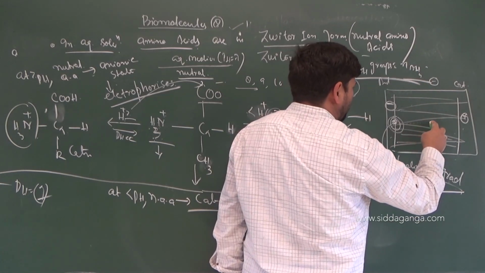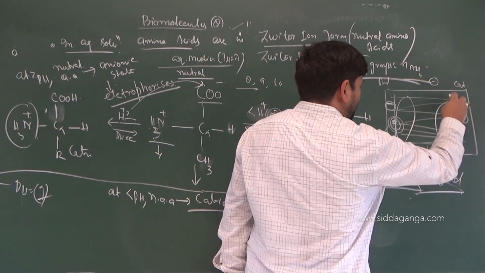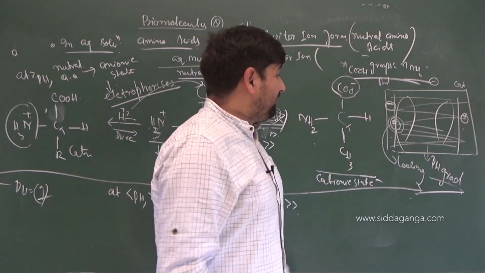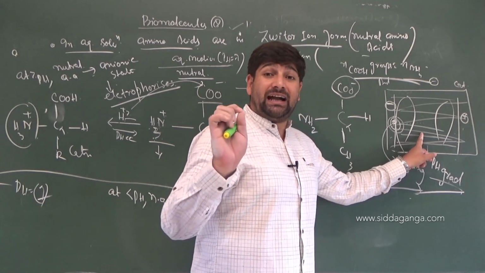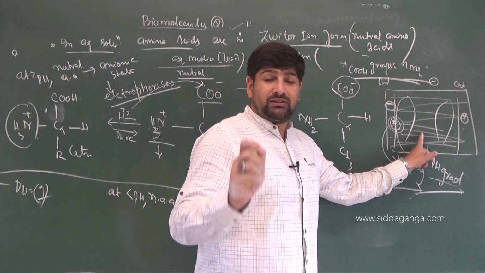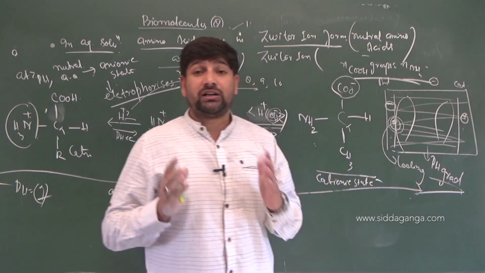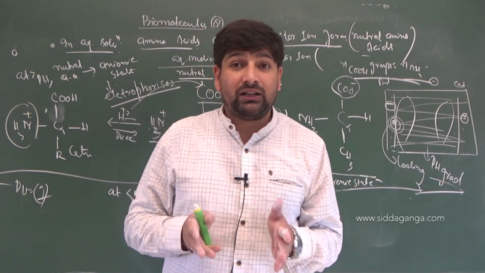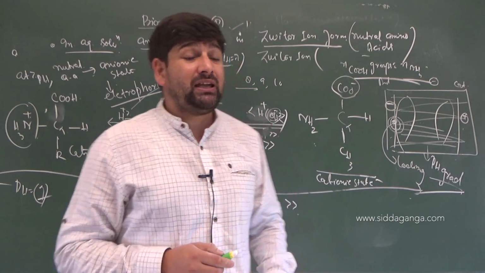If it keeps moving on the pH gradient, at low pH it will behave in one way, at high pH in another way. However, there is a pH where the net charge of the amino acid is 0, and it does not move under the influence of the electric field. We call that PI.